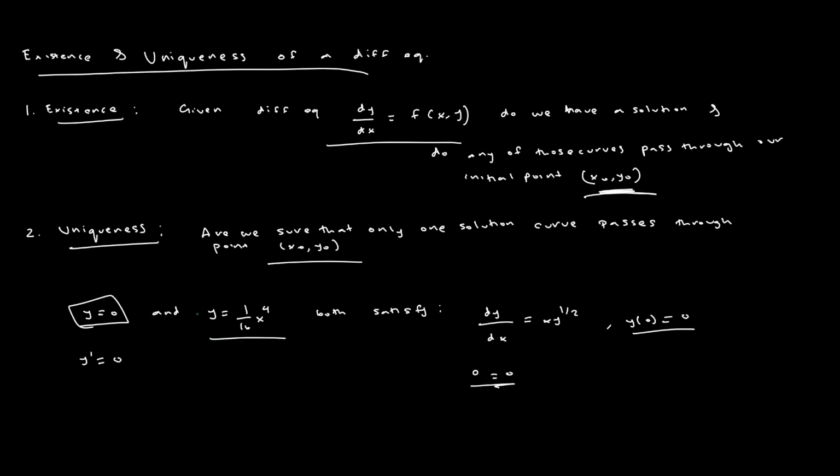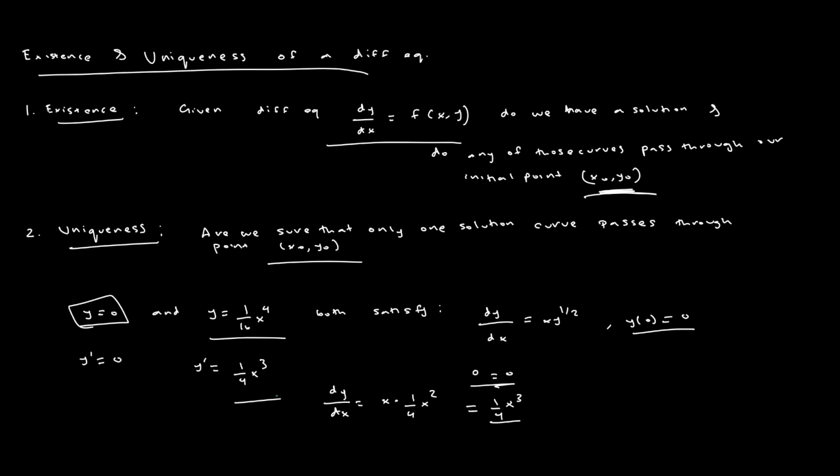And then the second solution that we have, y prime is equal to 1 over 4 times x to the third. And so dy over dx is equal to x times y to the 1/2, which is equal to 1 over 4 times x squared. And that's equal to x to the power of 3 times 1 over 4. So we satisfied the left and right side.